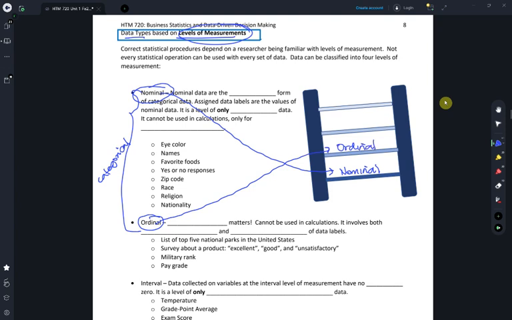What is the difference between the two? So take notes, a categorical variable can either be at the nominal or ordinal levels of measurement.